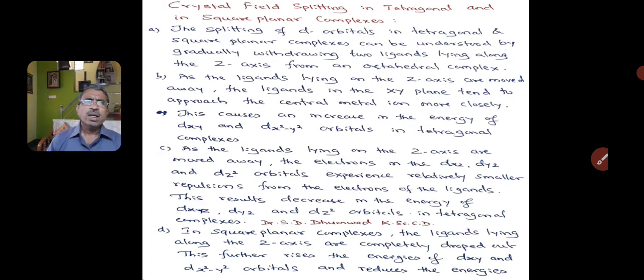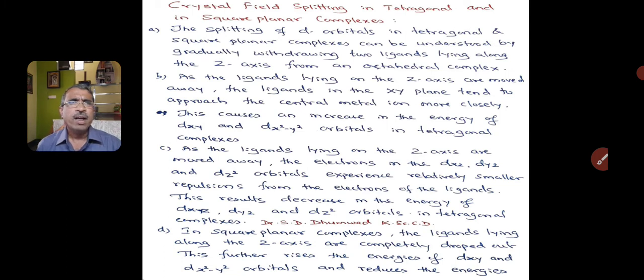Now coming to the crystal field splitting in tetragonal and in square planar complexes. The splitting of d orbitals in tetragonal and square planar complexes can be understood by gradually withdrawing two ligands lying along the z-axis from an octahedral complex.